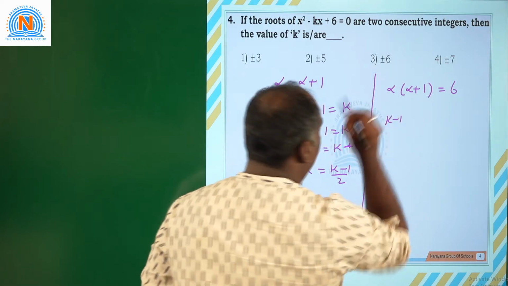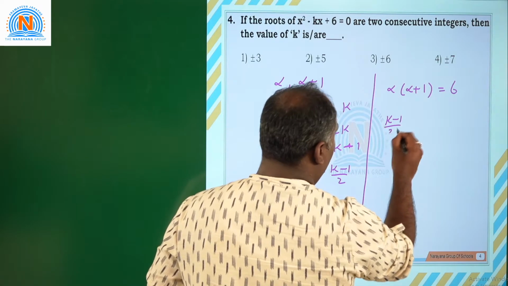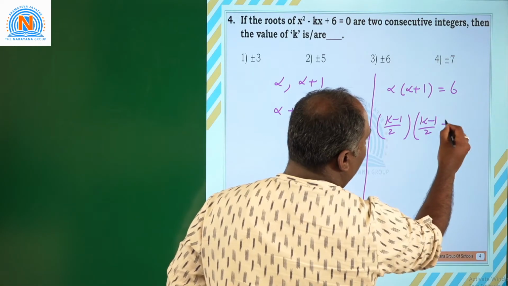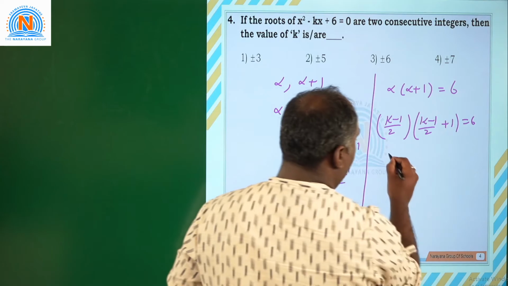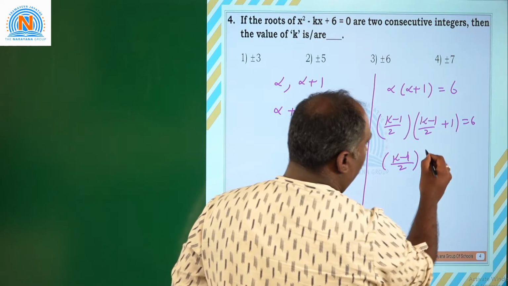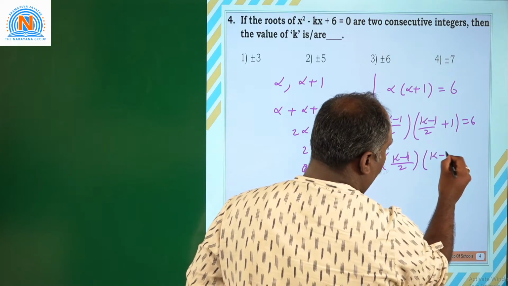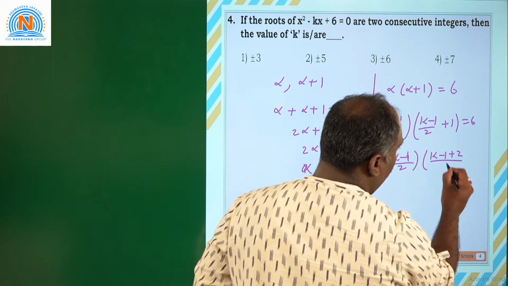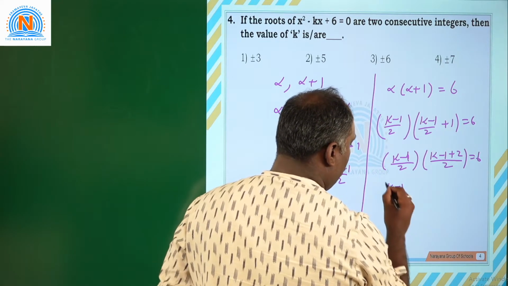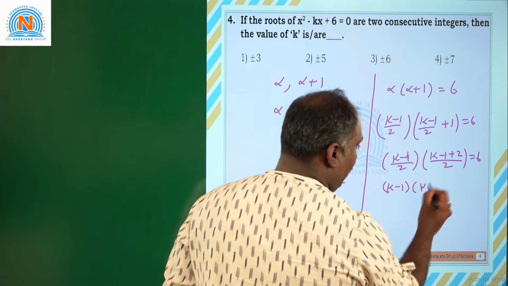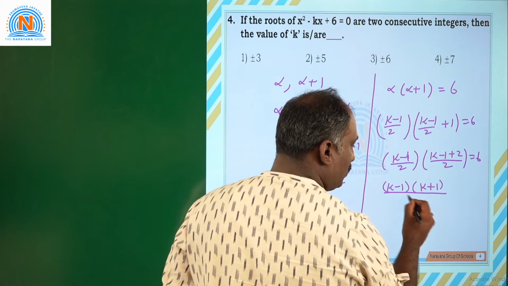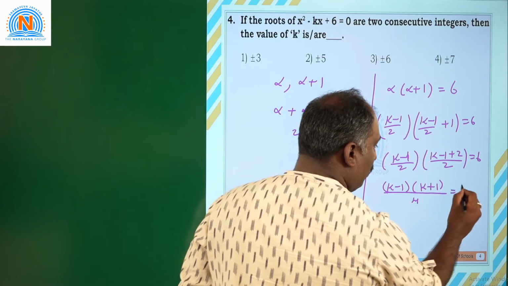So k minus 1 by 2, that is the alpha value, into k minus 1 by 2 plus 1 is equal to 6. So k minus 1 by 2 into k minus 1 plus 2 by 2 is equal to 6. So k minus 1 into k plus 1 divided by 2 into 2, which is 4, is equal to 6.